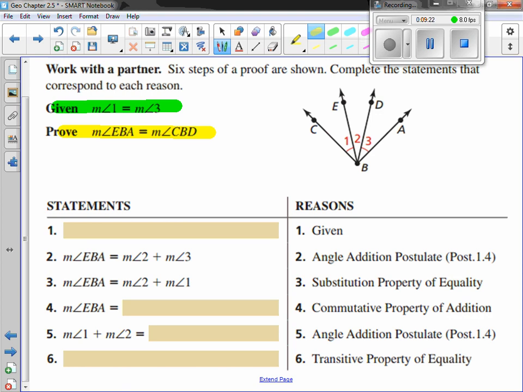Now, what they told us is what? The measure of angle 1 is equal to the measure of angle 3. So we're going to fill that in because our given information always goes first.